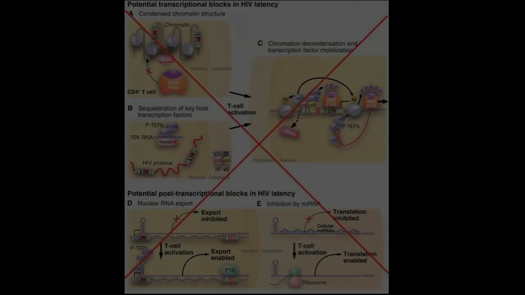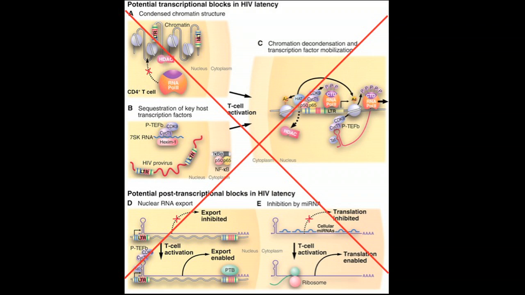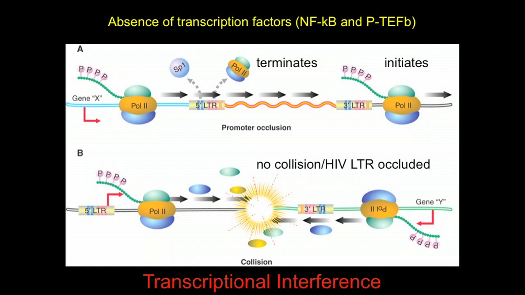So basically all these other ideas about chromatin localization, all this nuclear export, all these other hypotheses probably are not very important. So we think that basically there are only two things that operate in latency. One is the absence of transcription factors. As I told you before, in the resting lymphocytes, there's no P-TEFb. The other is transcription interference.